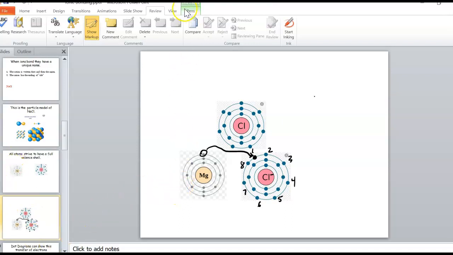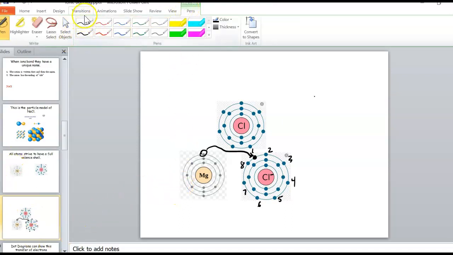And so in this case, I have this electron leaving the magnesium and going to a second chlorine. And so in that case, we have now this chlorine having 1, 2, 3, 4, 5, 6, 7, 8 valence electrons.